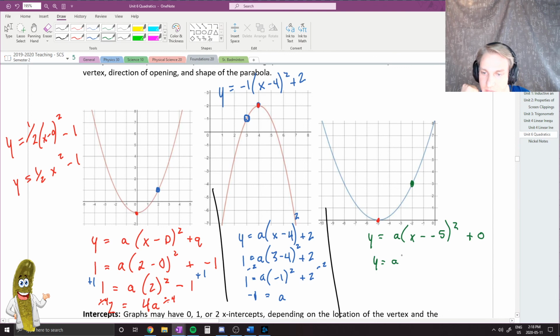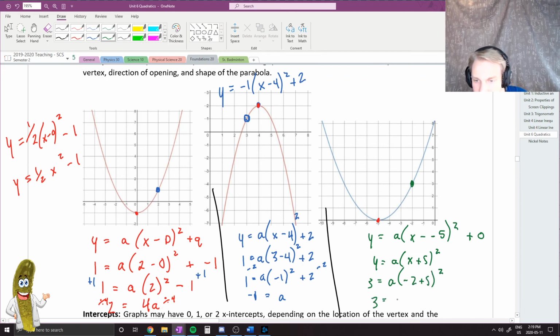Solving for this, we have a times x plus 5 squared. And then what we would need to do is plug in our point for x and y. Our point here was y value of 3 is equal to a times negative 2 plus 5 squared.